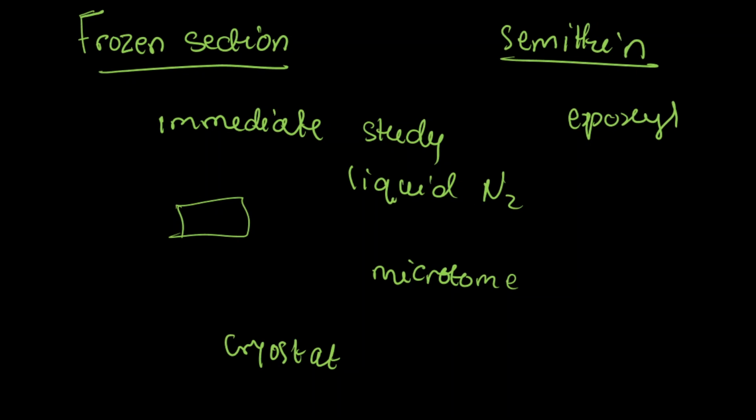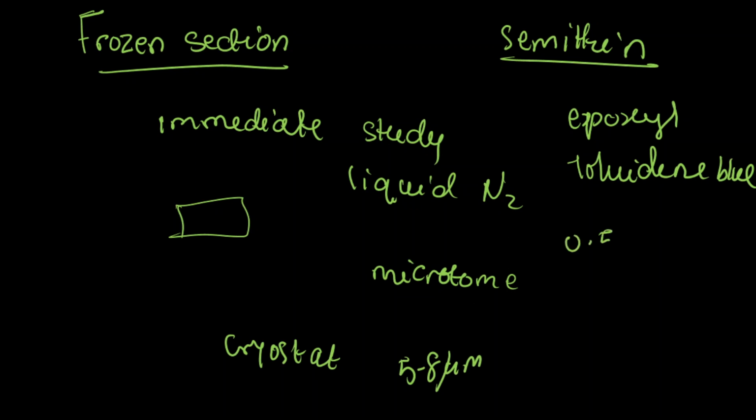For staining in the semi-thin technique, we make use of toluidine blue. Remember, in the paraffin technique, the thickness was about 5 to 8 micrometer. However, here what we have is about 0.5 to 2 micrometer.